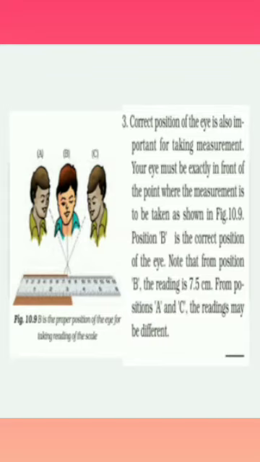The reading is 7.5. From position A and C, the reading is less than 7.5 or greater than 7.5. So which one of the three persons is correct? B is the person who looks correctly in front of the scale.